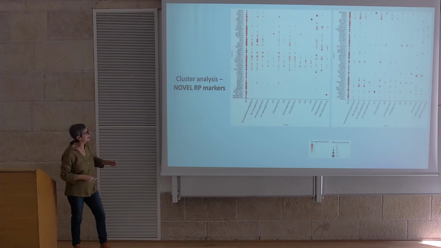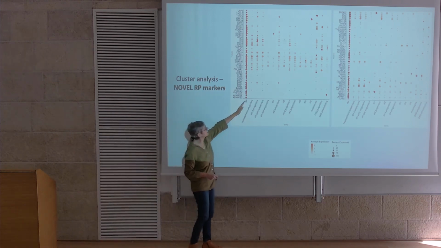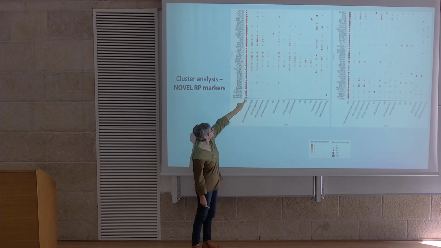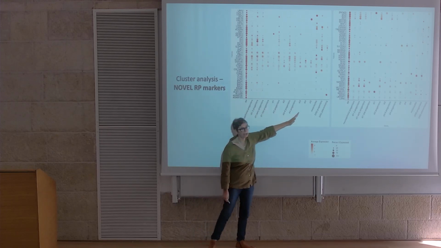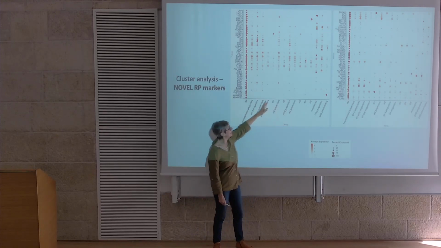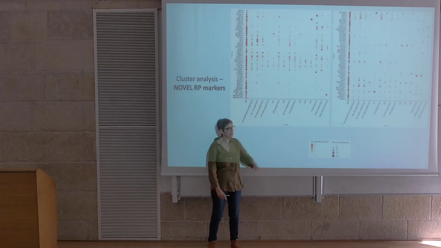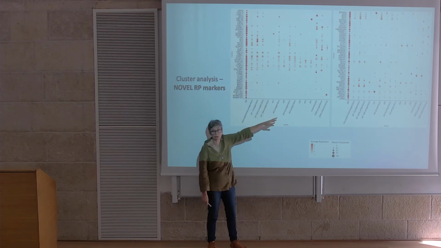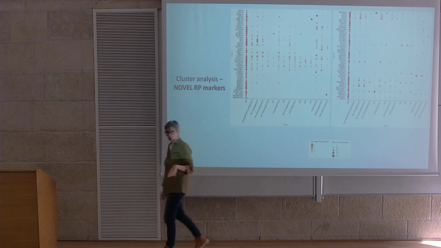This is the representation of all the different clusters, and these are the genes that are expressed in the roof plate compared to the other clusters. So you can see a lot of specific genes, some of them expressed in other clusters to different extents, some others which are absolutely specific to the roof plate.